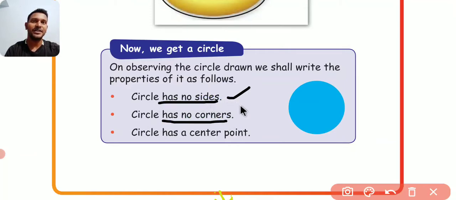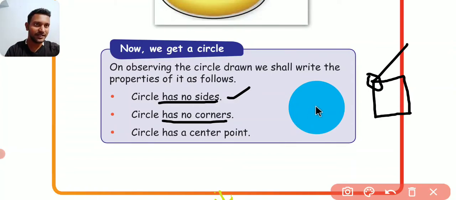No sides means no corner. Corner means two sides meeting at one point. This point is called a corner. There is no corner in a circle, and a circle has one center point. That's all.